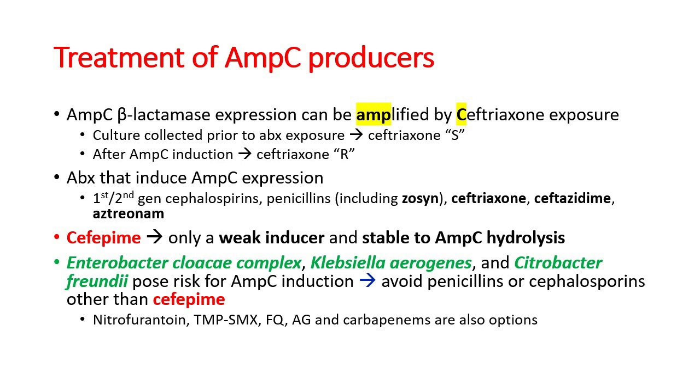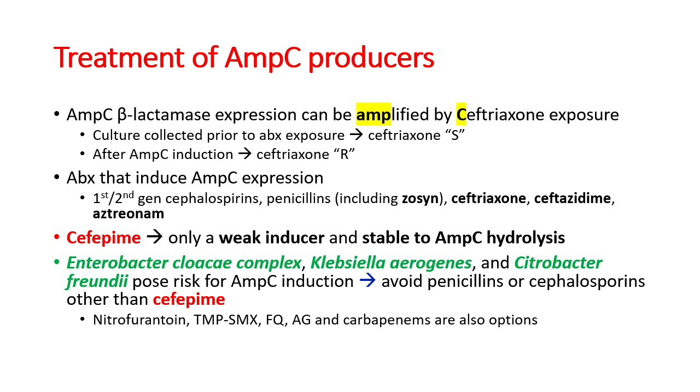Really, any of the penicillins or early generation cephalosporins can induce AMP-C production. So that includes Zosyn, ceftazidime, ceftriaxone, of course ampicillin, all of them. The only thing that doesn't seem to induce it strongly and furthermore is resistant to it is cefepime.